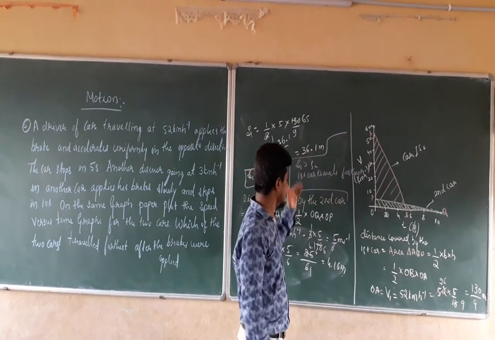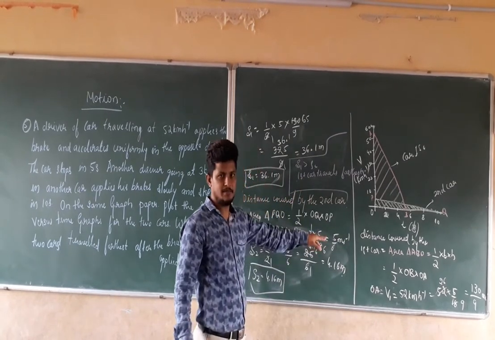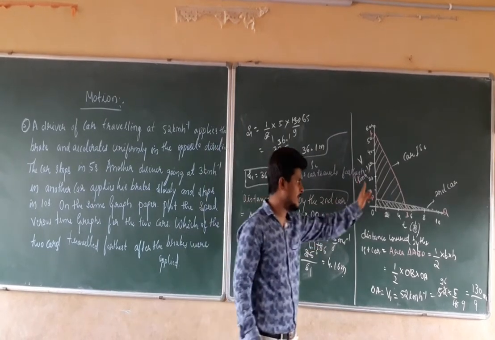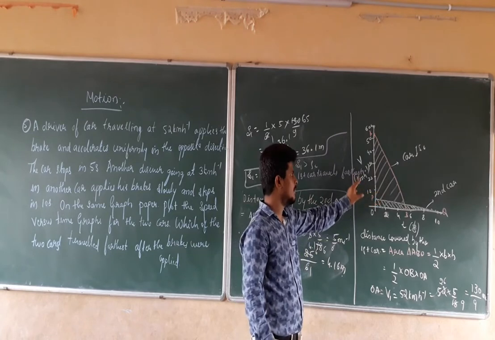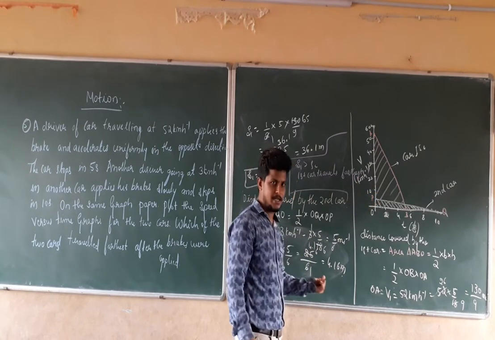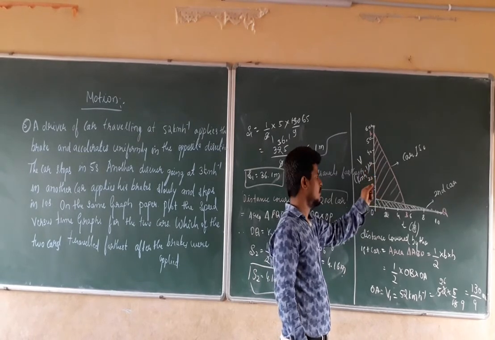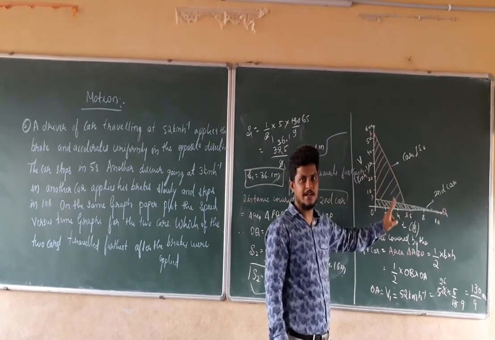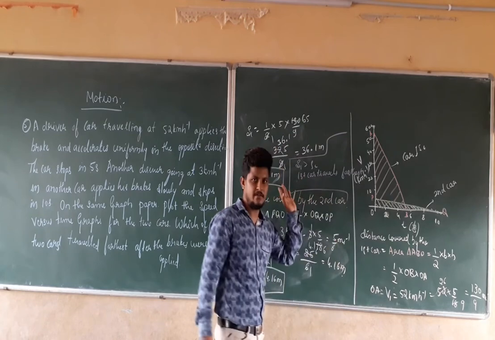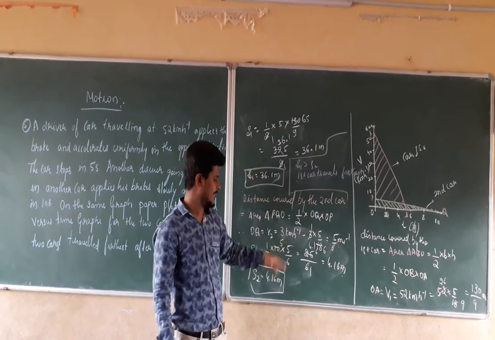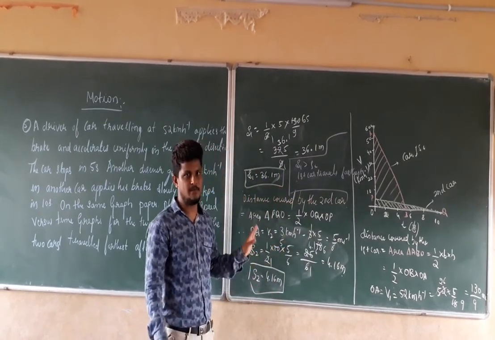If you want to directly take these as meter per second, you can put those values here also, by converting all the values into meter per second. Both are right, either this way or that way. The answer will be the same.